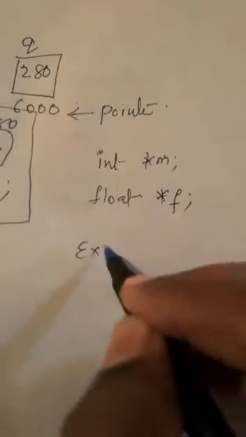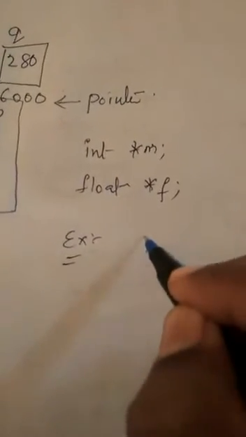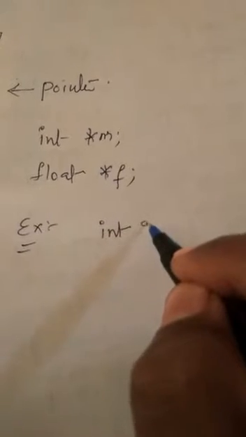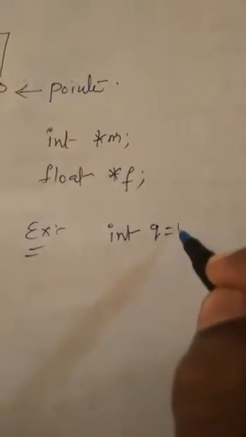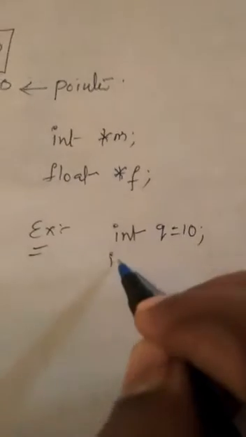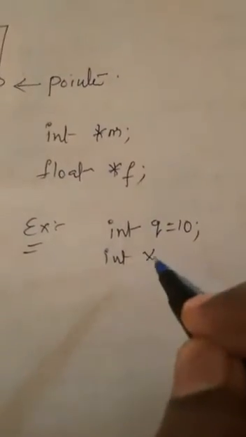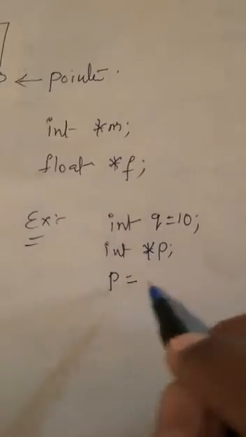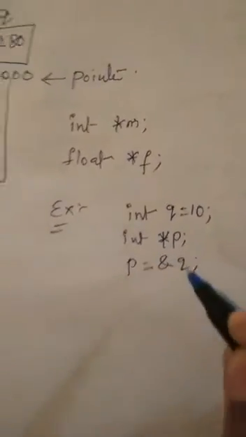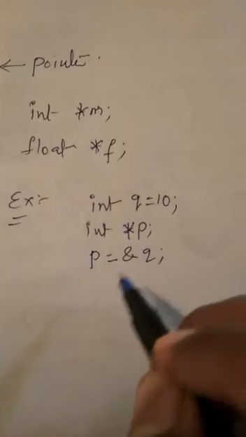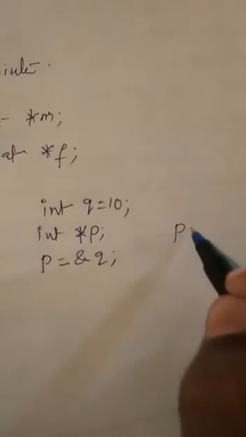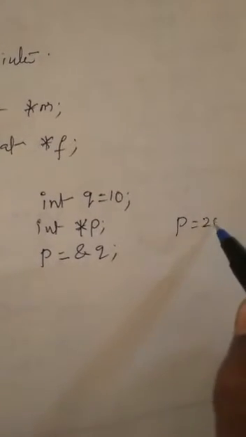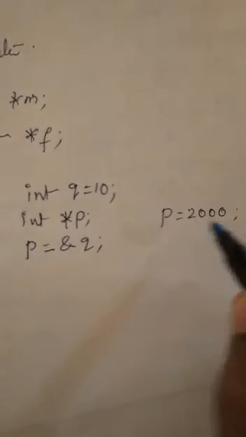For example, int q equals some value, int star p, p equal to address of q. So the p value is, say the address is 2000, so the p value is 2000.